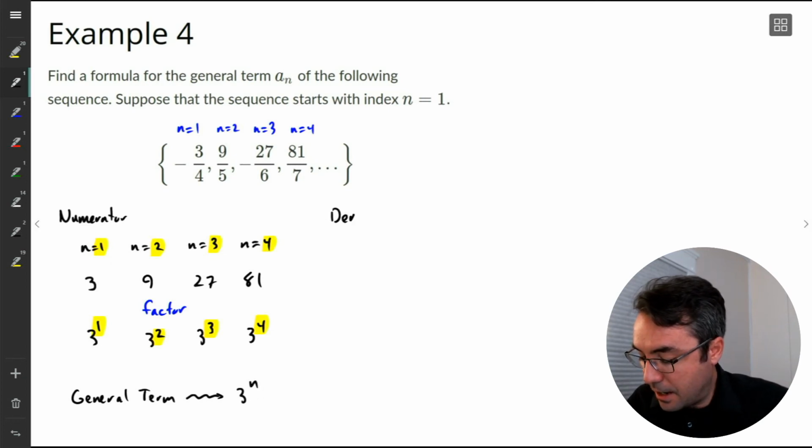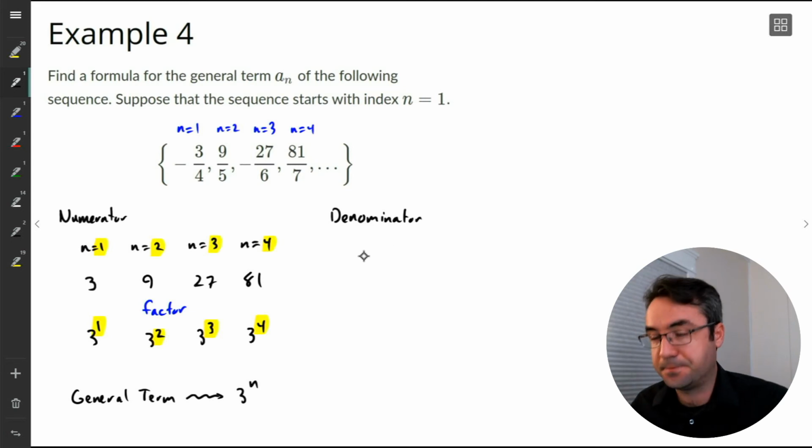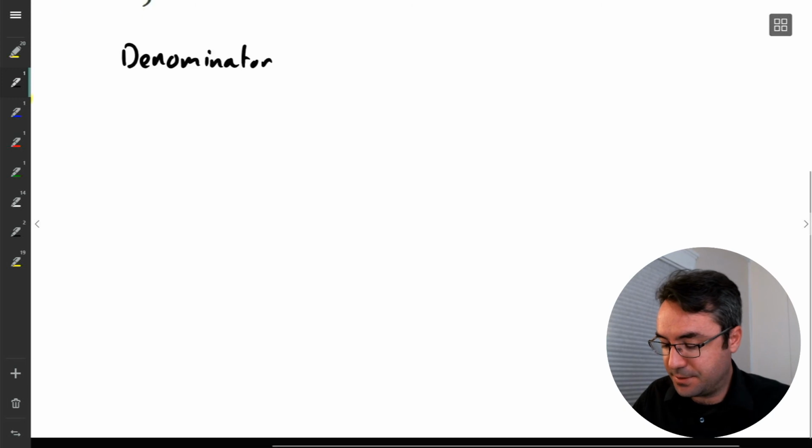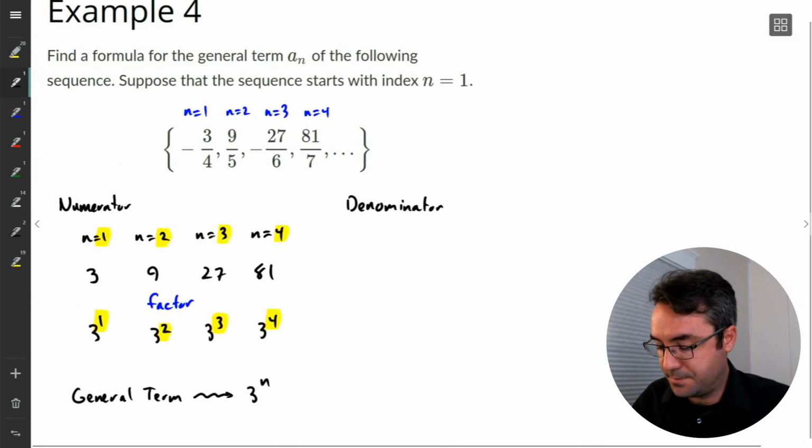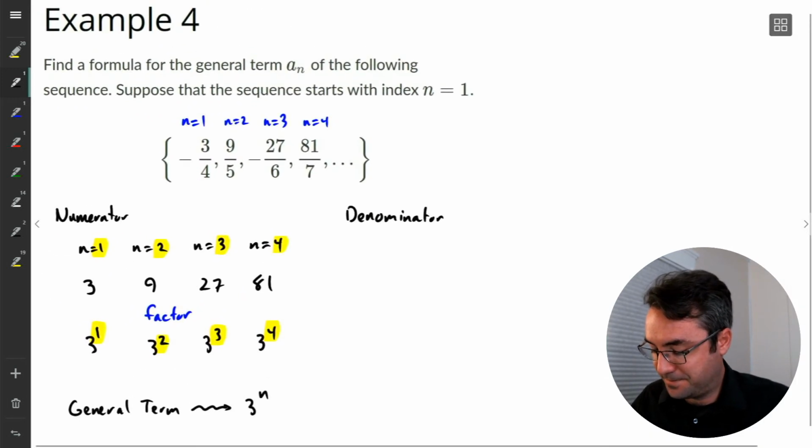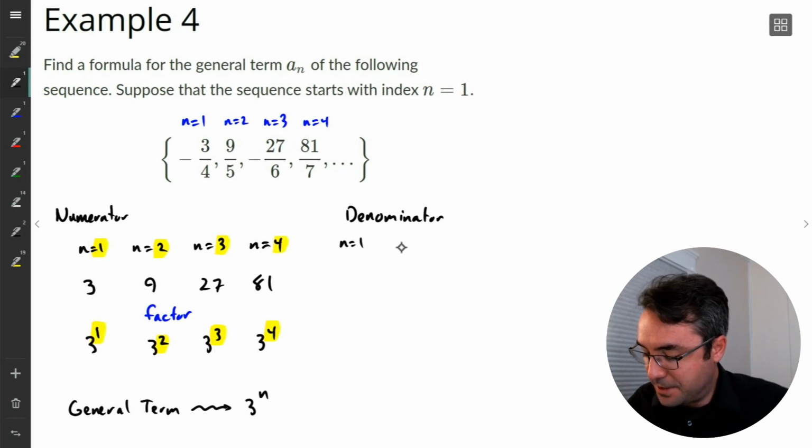Now let's consider our denominator. What's going on with our denominator? Again, it's helpful to write out the n terms. So n equals 1, n equals 2.